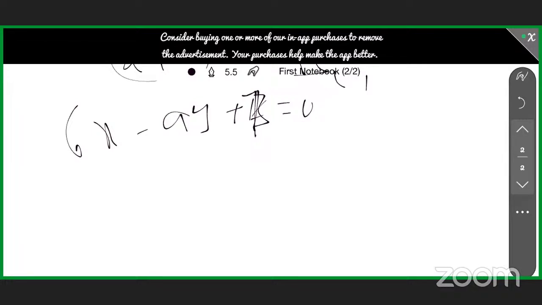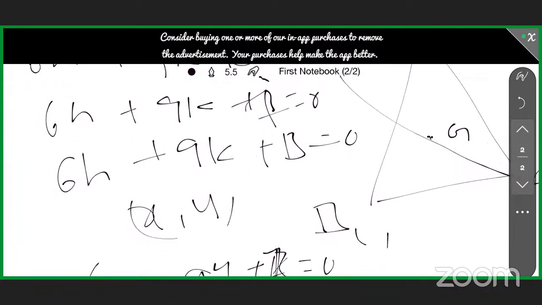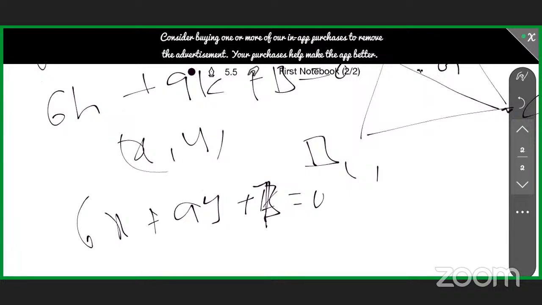I think it could be 6x plus 9y minus 7. Huh? 6x plus 9y minus 7. It could be. Plus 9y plus 7 is equal to 0.